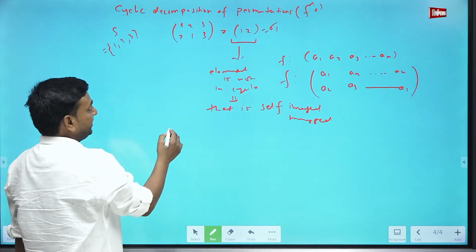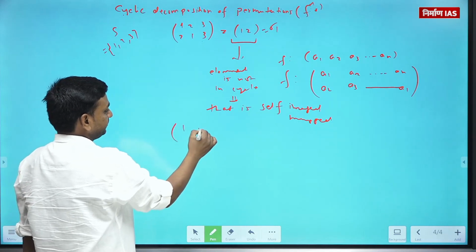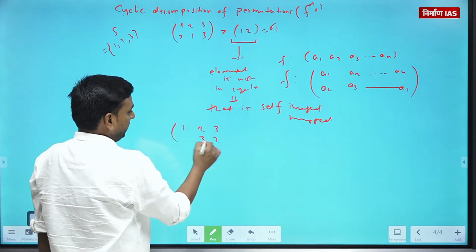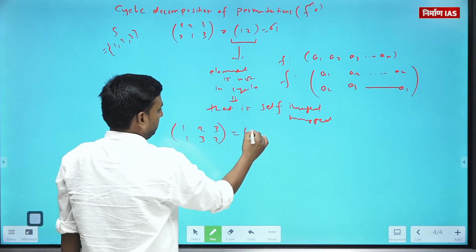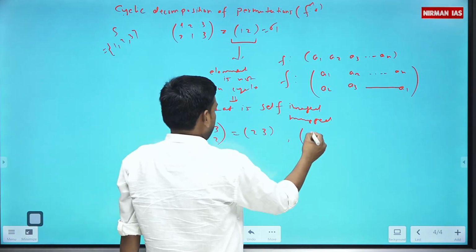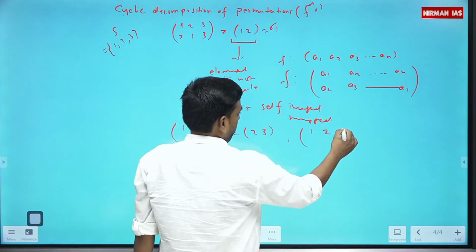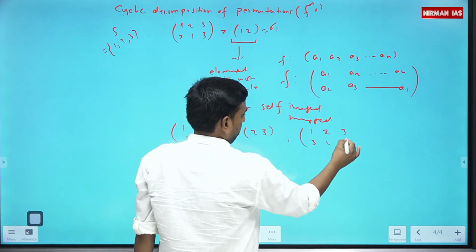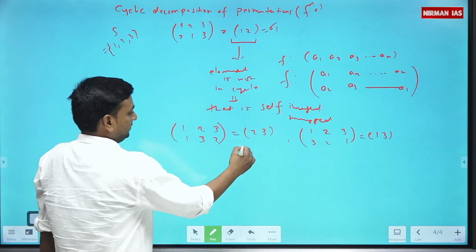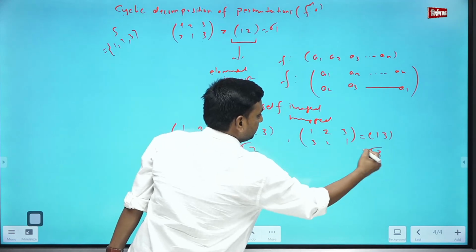And how did you represent sigma 2? Tell me. 2, 3, 3, 2, 1 is mapped. So this I will represent as (2 3). This I will represent as (1 3). So this is sigma 2. This is sigma 3.